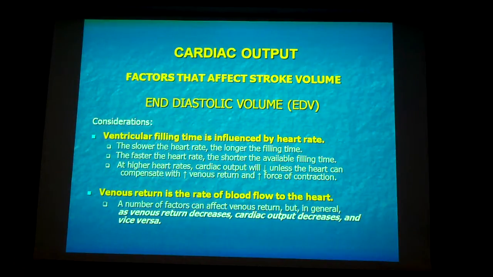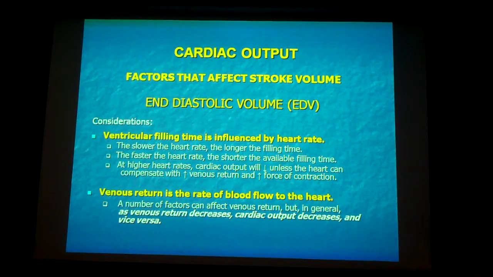Now, does that mean necessarily that the cardiac output is going to go down? It might, especially with very high rates, but if the heart beats more forcefully with each beat and puts out more volume per beat, then cardiac output is not necessarily going to go down.